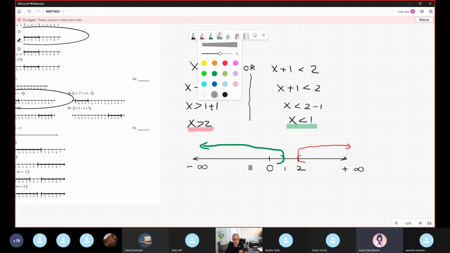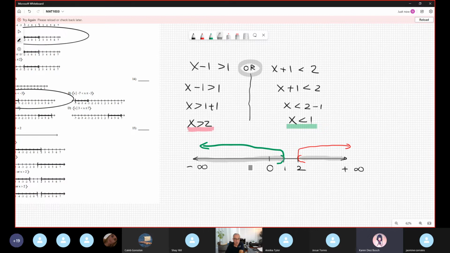Remember, this is OR, and OR is union, not intersection. Actually, if the problem had been AND, it would be an empty set because green and red never touch. They have no common points. But in this case, I don't care, because the union is this part plus this part.